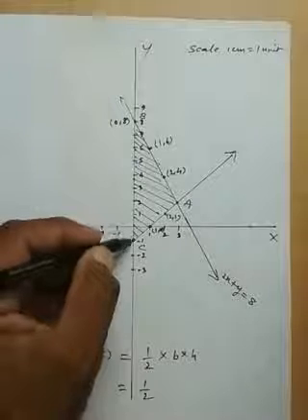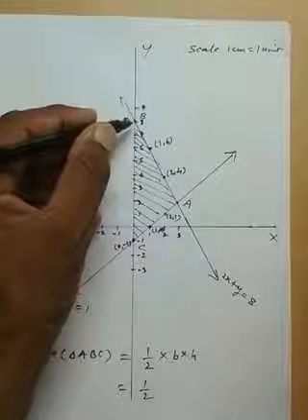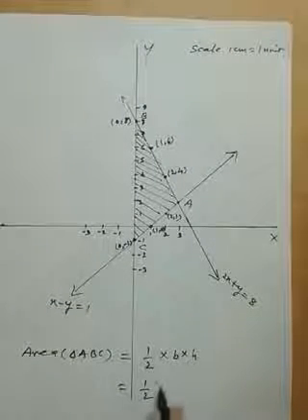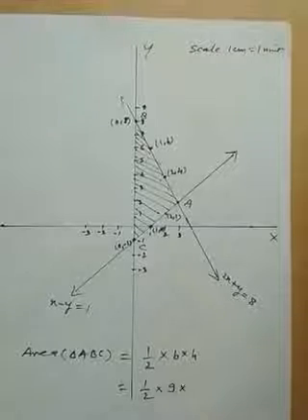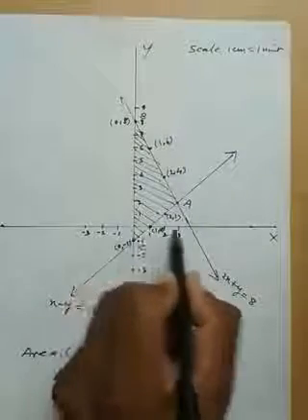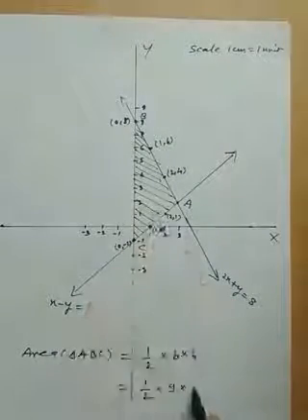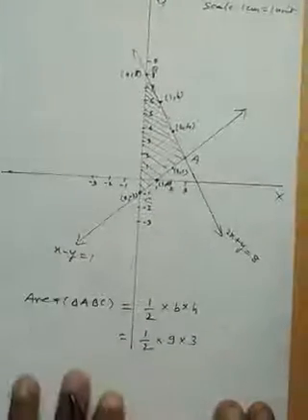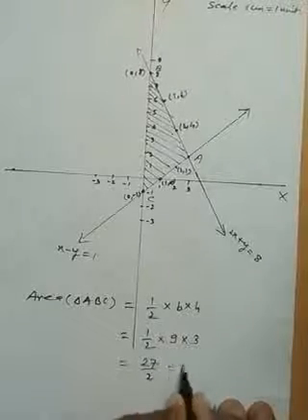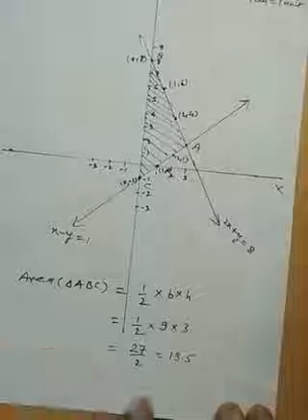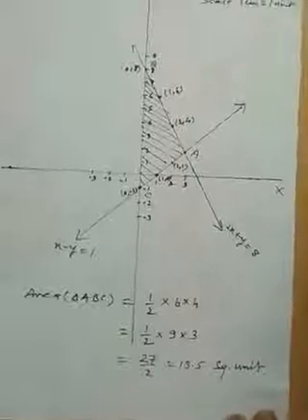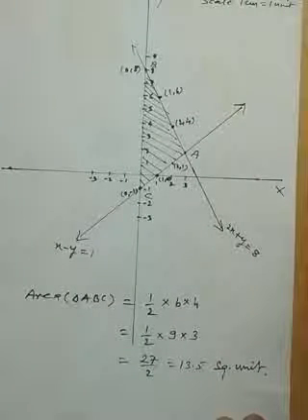Here it is minus 1, but length cannot be negative, so we should consider it as 9 units. And its height is this, and this is equivalent to 3 units. So half into 9 into 3 is 27 upon 2, and 27 by 2 is 13.5 square units. This is the solution of this type of question.